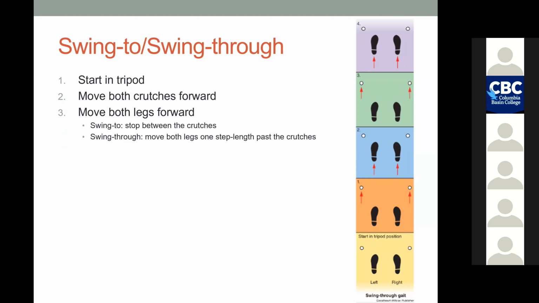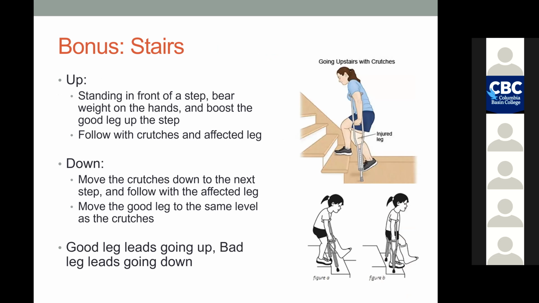For swing-to, you're stopping level with the crutches. For swing-through, you're swinging past your crutches and swinging forward continuously. Swing-to is a little bit easier on your arms, but swing-through lets you move forward a little bit faster.